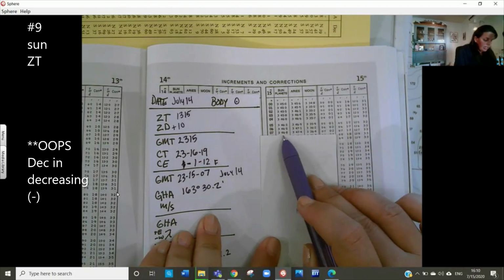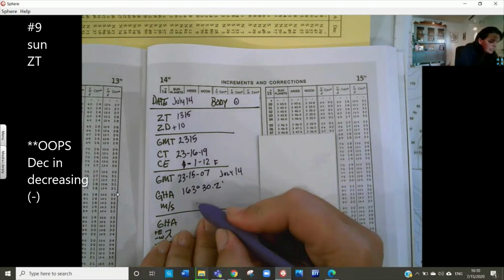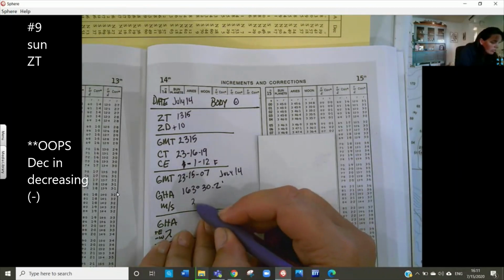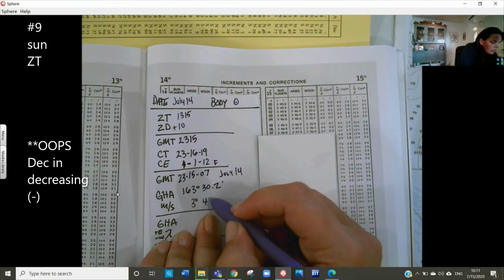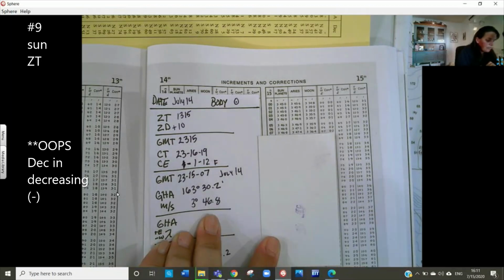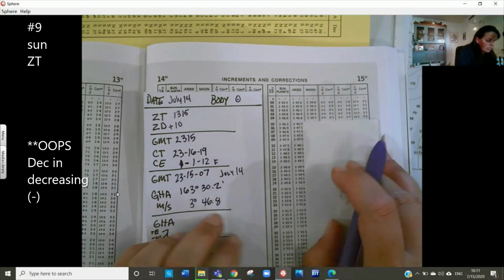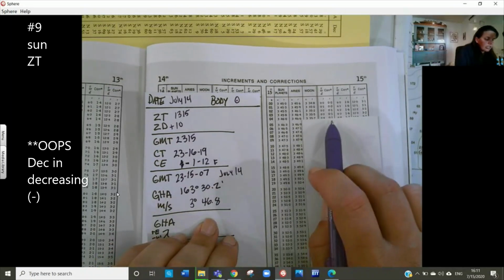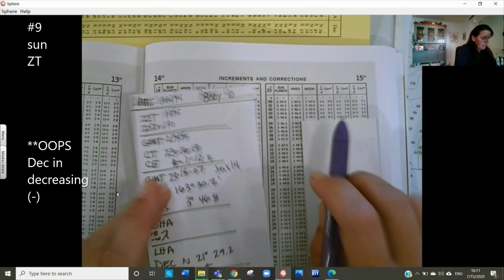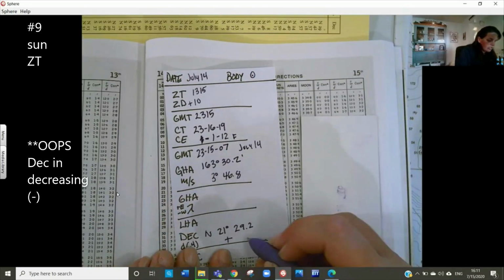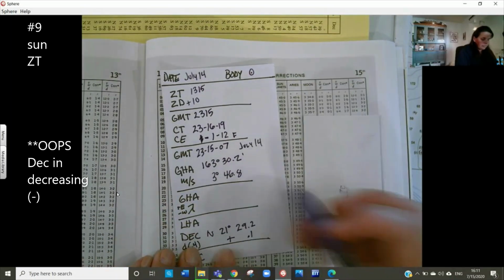Gives for the sun, gives us a minutes and seconds correction of 3 degrees, 46.8. And then for our d, we had 0.4, which gives us a correction of 0.1. So we have a correction of plus 0.1.